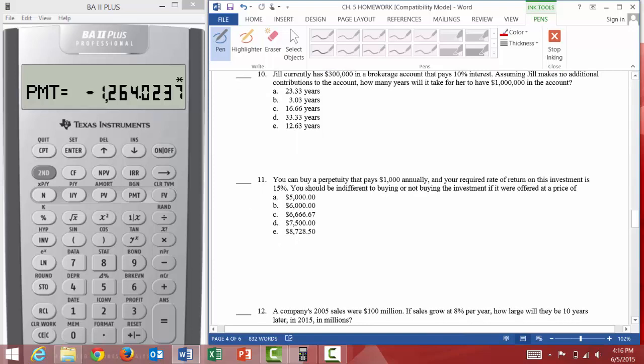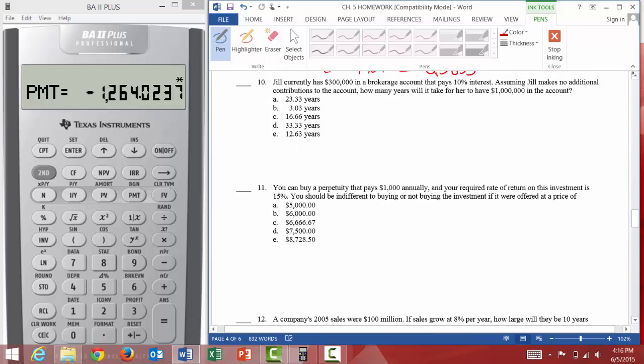So the next one, Jill currently has $300,000 in a brokerage account that pays 10% interest. And assume that she makes no additional contributions to the account. How many years will it take for her to have $1 million in the account? So how many years? That's saying N is equal to what?